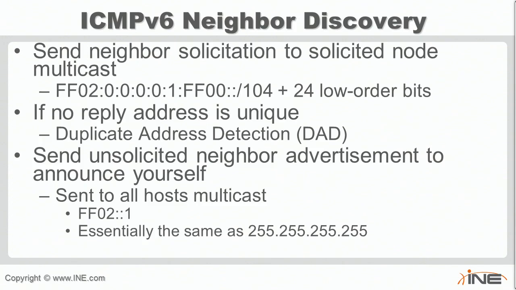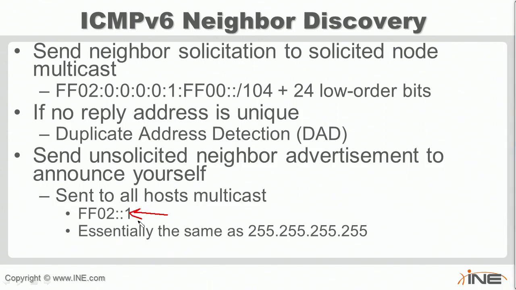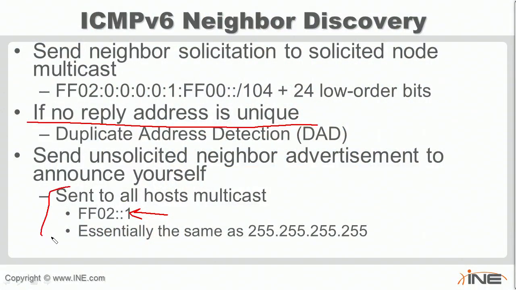So technically there's no broadcast addresses in IPv6, but it ends up being the same result: you can talk to everyone on the LAN if you send the packet to FF02::1. Once you do this, if no one sends you a reply saying that your address is not unique, I'm going to assume that this is my address, and then I'm going to announce it to everyone. And I'm doing this with the neighbor advertisement.